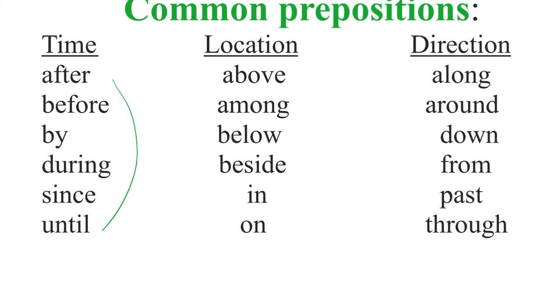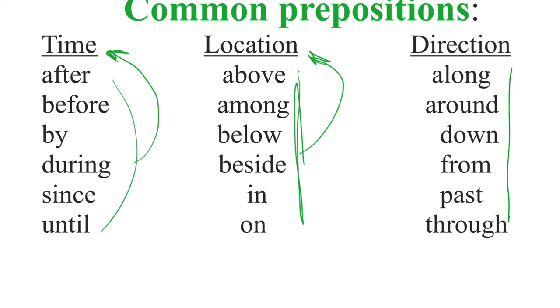They're all elements of time. Location: above, among, below, beside, in, or on. It all has to do with where a thing is. And direction: movement is implied. So along, around, down, from, past, or through all indicate the direction that something is going.